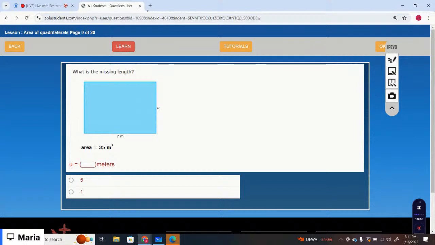What is the missing length, which is the correct option? That is 7 times 5 is 35. The missing side length is 5. Okay, you can complete the lesson by yourself later today. Let me just move on to the next lesson.